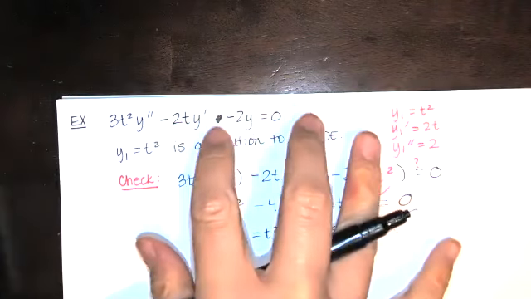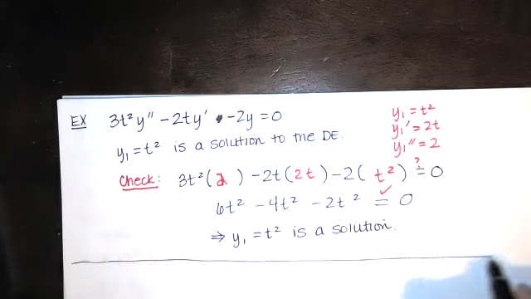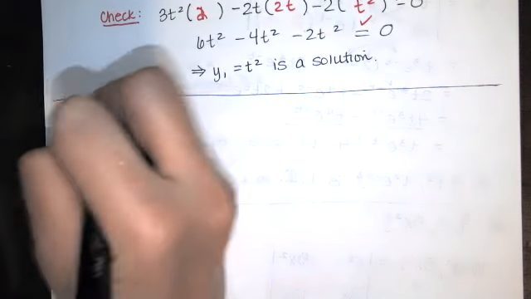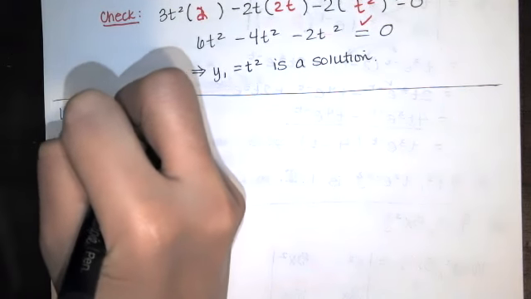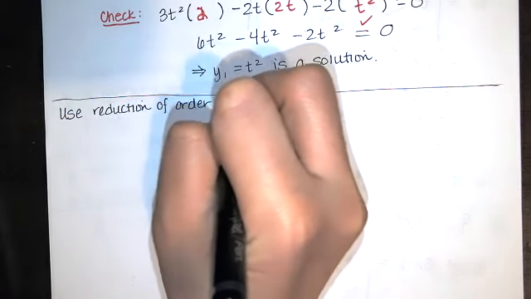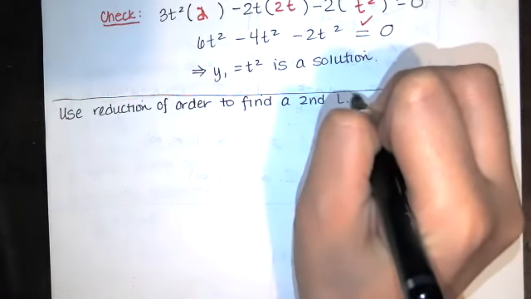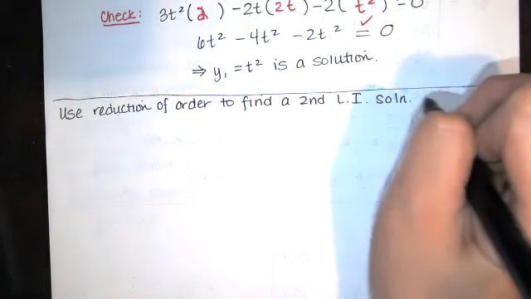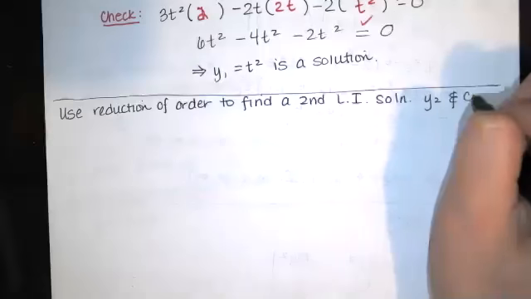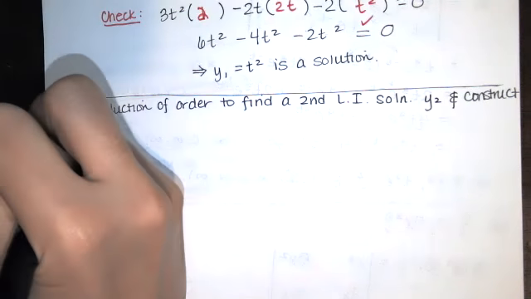Okay, so we have this differential equation, and we know that we have this one solution. Now, let's say we want to use reduction of order to find a second linearly independent solution, y2, and use it to construct the general solution.